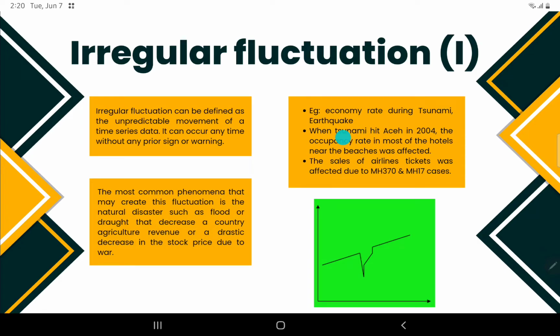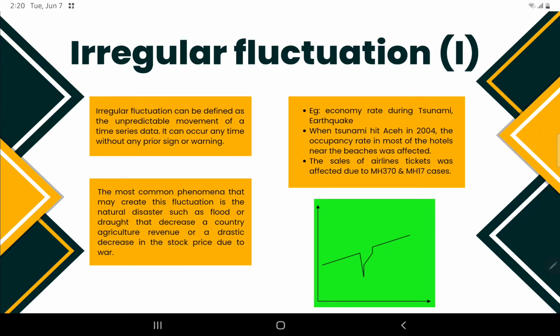Okay, when tsunami hit Aceh in 2004, the occupancy rate in most of the hotels near the beach was affected. Okay, or another example is the sales of airline tickets, okay, was affected due to MH370 and MH17 cases.